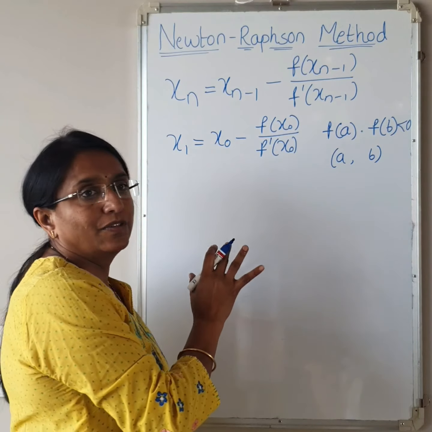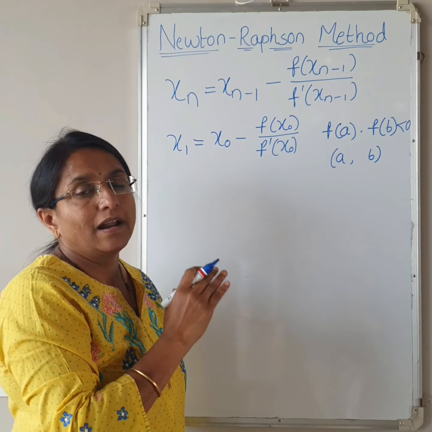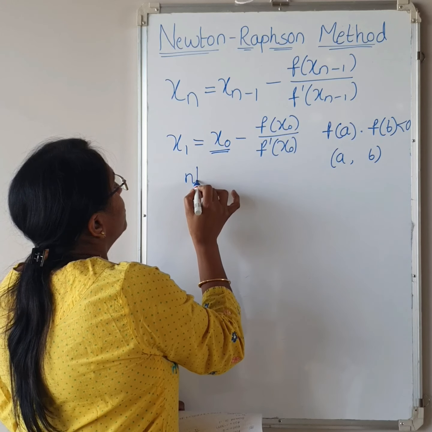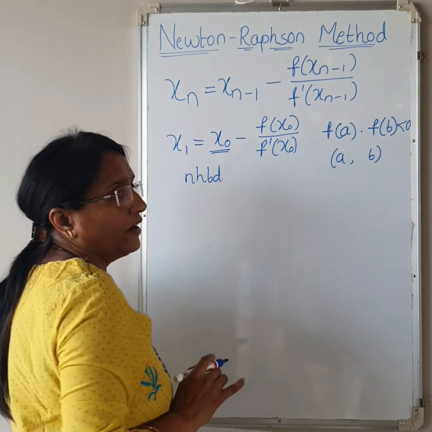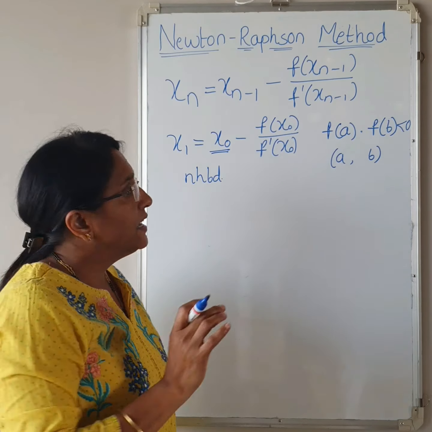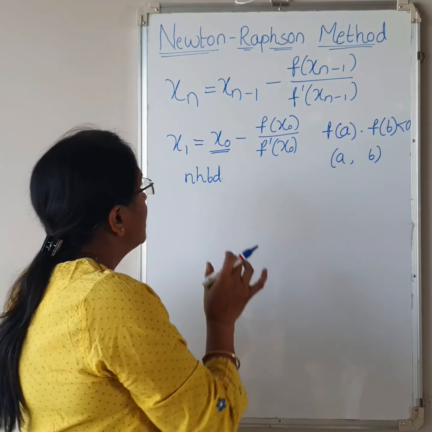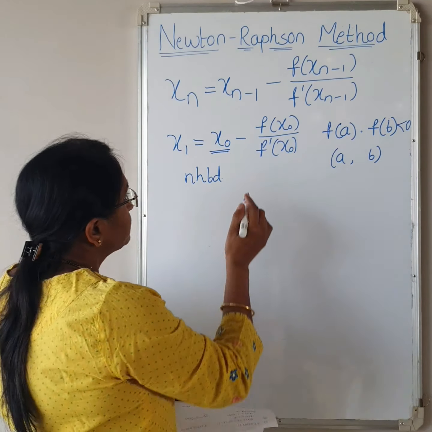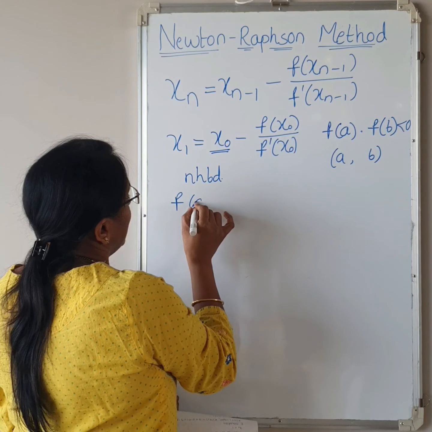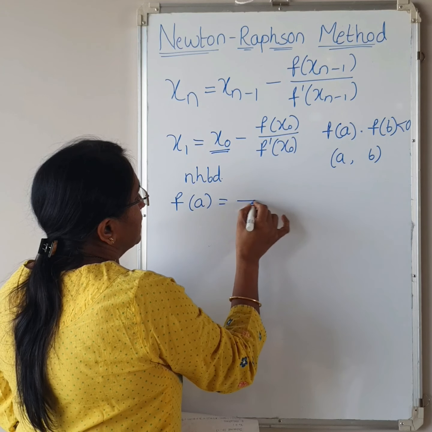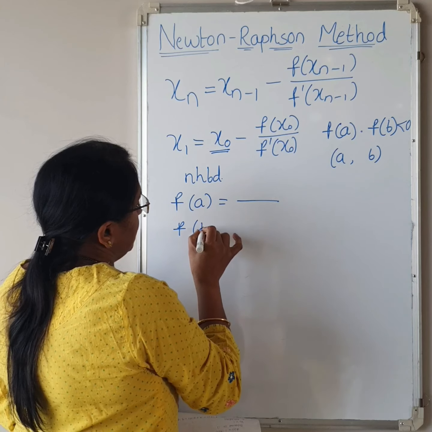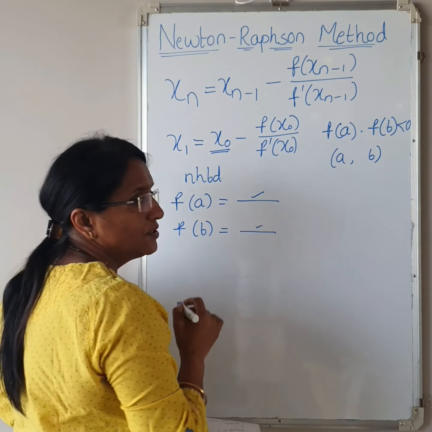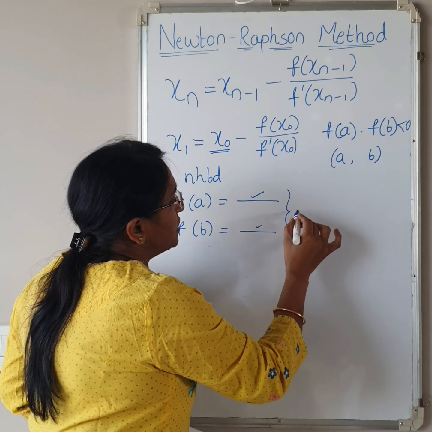Here also we have to find out first the interval. Next, after finding the interval, this point is called as neighborhood point. We have to find out the point here. Here interval is not required, but neighborhood point is required. How to find out that neighborhood point? We will find out f of a and f of b. Then we have to check out of these two values which is nearer to 0.